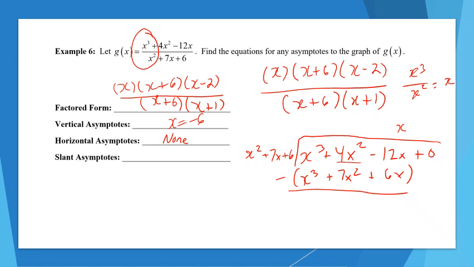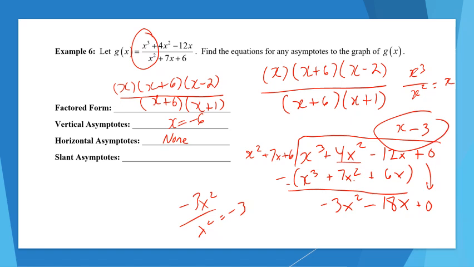Subtracting it, 4x squared minus 7x squared is minus 3x squared. Negative 12x minus 6x is minus 18x. And then if you want, plus 0. Now do negative 3x squared over x squared, which is negative 3. And that is your slant asymptote, y equals x minus 3 there.